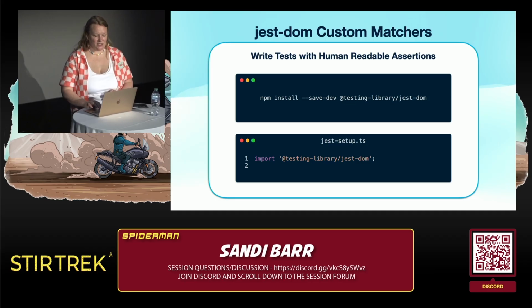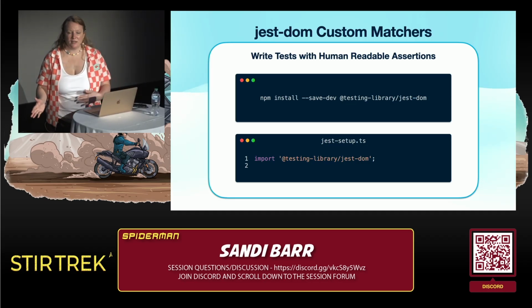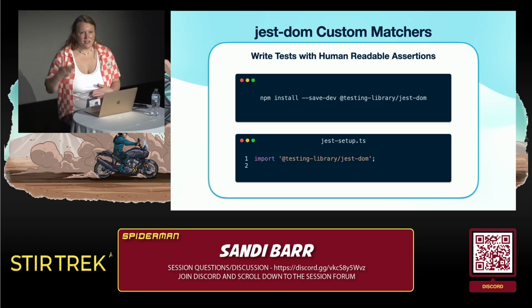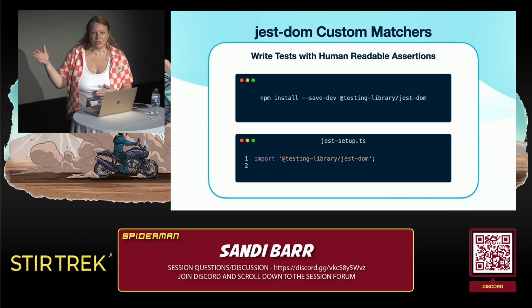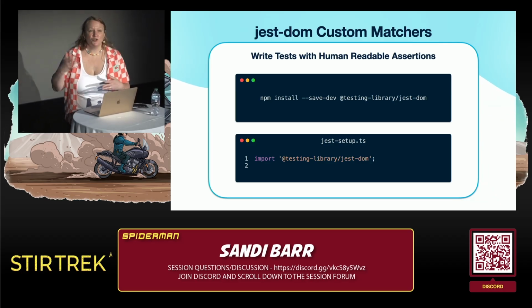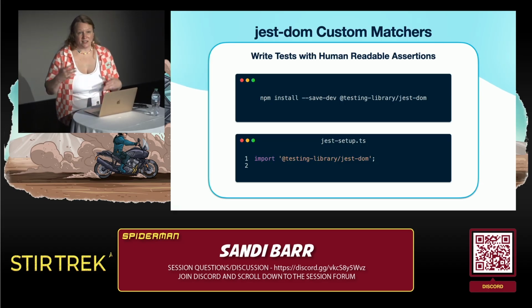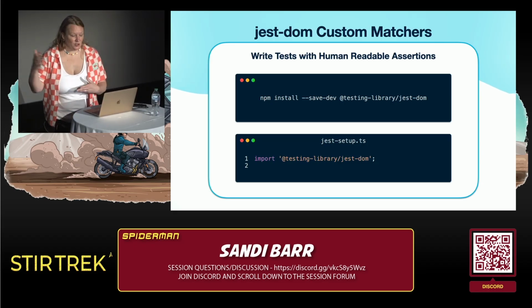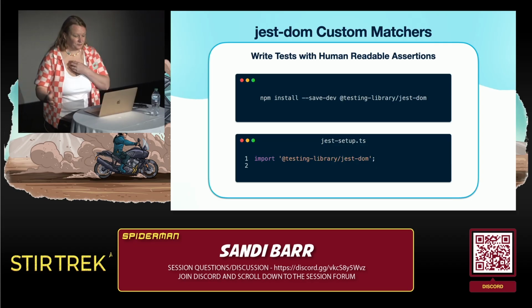To that effect, jest-dom is another companion library for testing library that provides custom DOM element matchers for Jest. jest-dom's custom matchers actually allow you to write these tests based on user interactions or user outcomes with human readable assertions. So your tests actually become pretty apparent in what they're trying to do and what they're asserting.